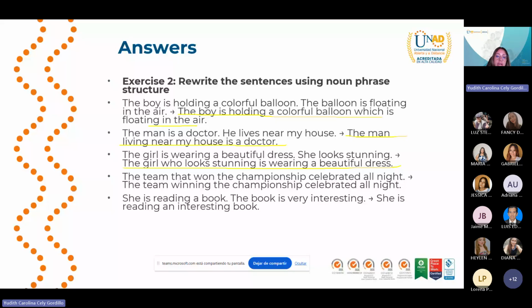Let's continue with Johan. The next one. The team that won the championship celebrated all night. The team winning the championship celebrated all night. That's perfect. And the last one. Helen, we are going to read.